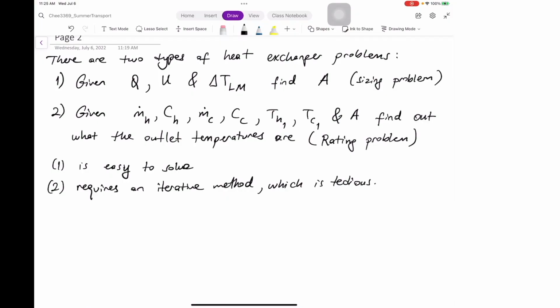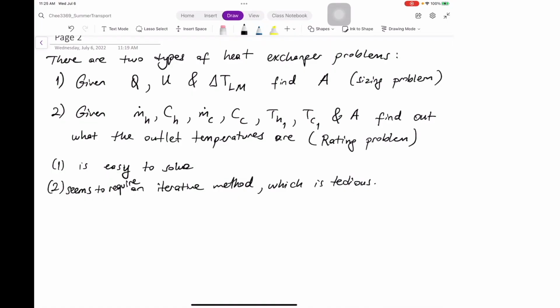Seems to require an iterative method, because we can find a trick for that. The reason is because you don't know two temperatures, the outlet cold and the outlet hot.